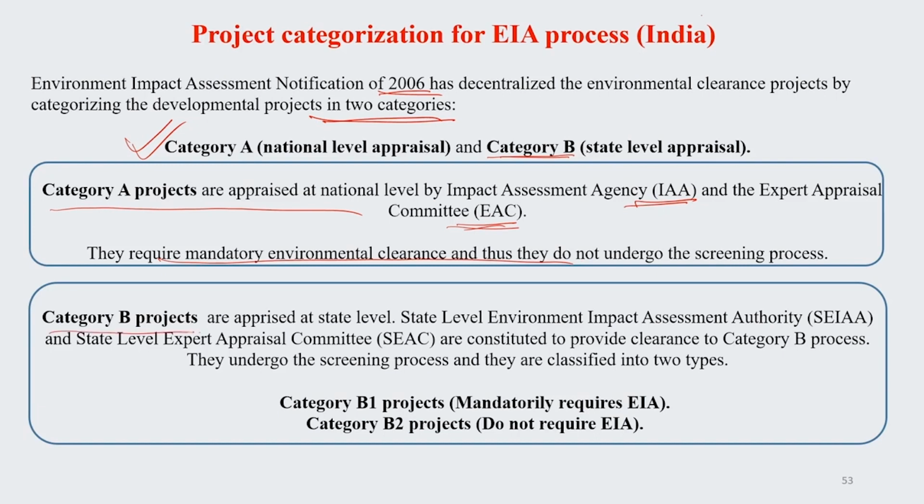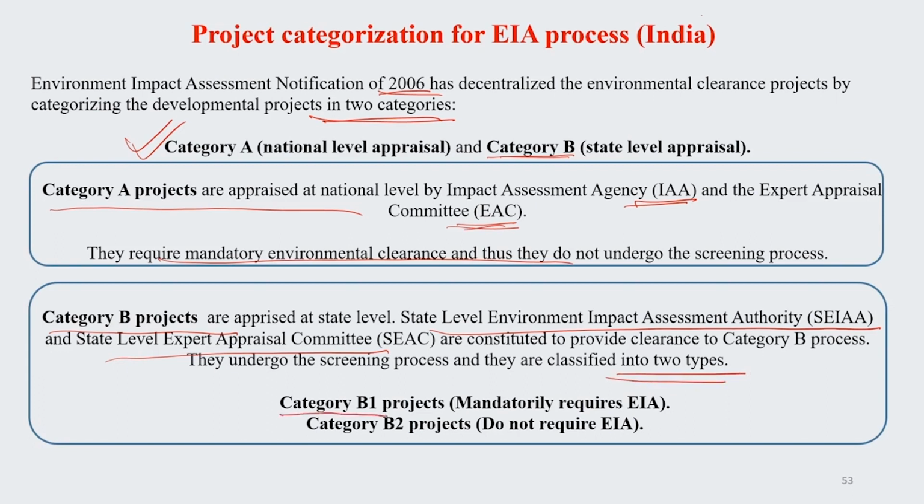Category B projects are appraised at the state level. Now, the state level Environment Impact Assessment Authorities, or SEIAA, and the State level Expert Appraisal Committees, SEAC, are constituted to provide clearance to category B projects. They undergo the screening process and they are classified again into two types.